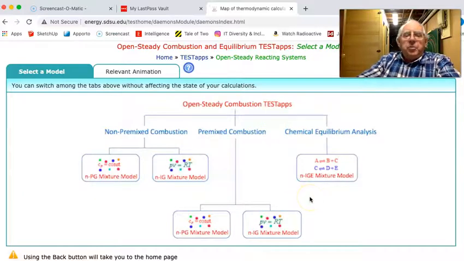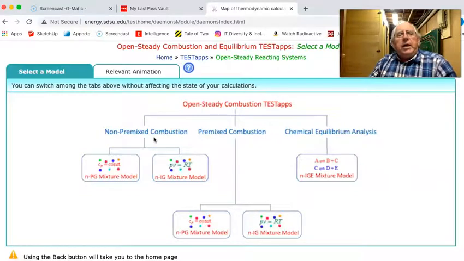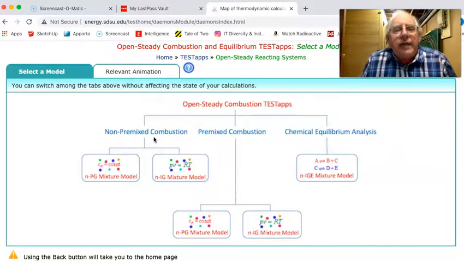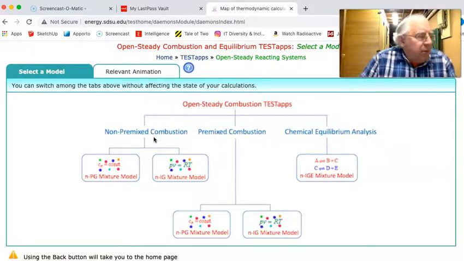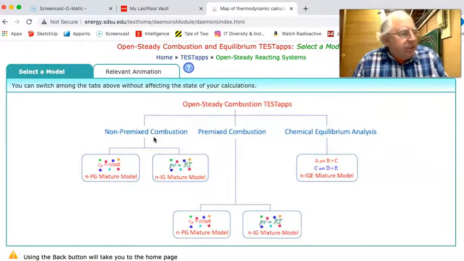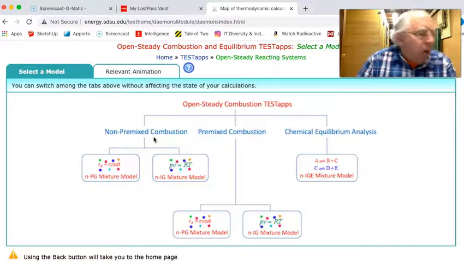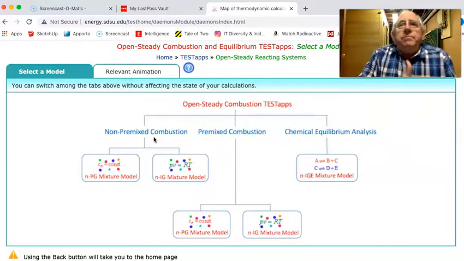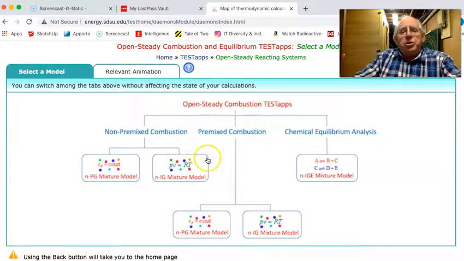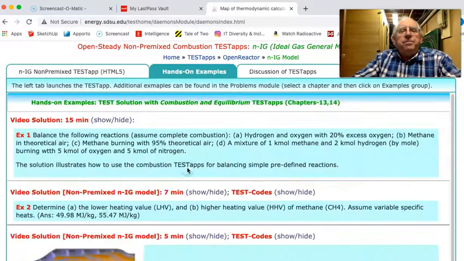And in this particular problem, we're going to assume that we have a non-premix combustion, which means the fuel is going to be coming in and mixing with the oxidizer. And in this particular condition, the oxidizer, because it states that it's air, is going to be oxygen and nitrogen in their special proportion. And so we're going to go ahead and do the non-premix combustion.